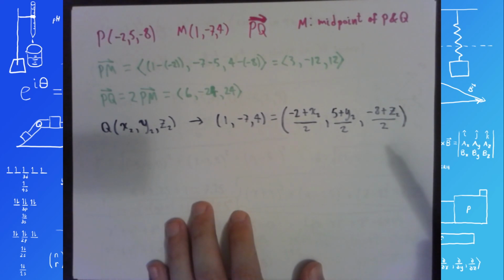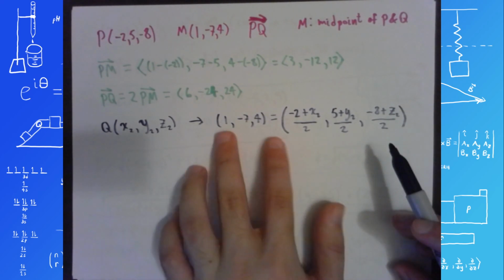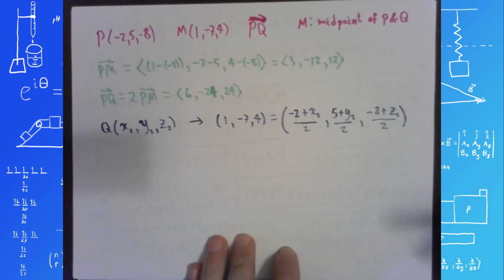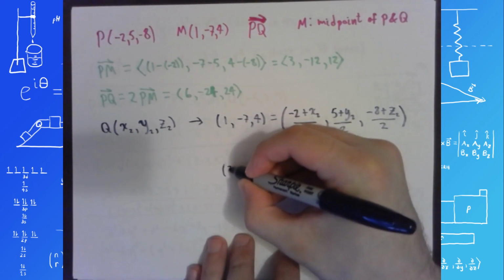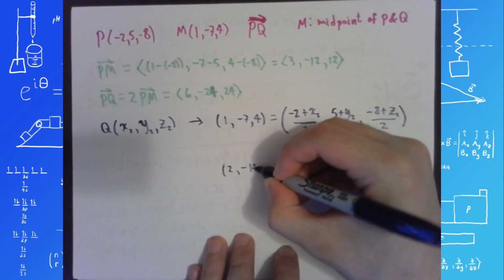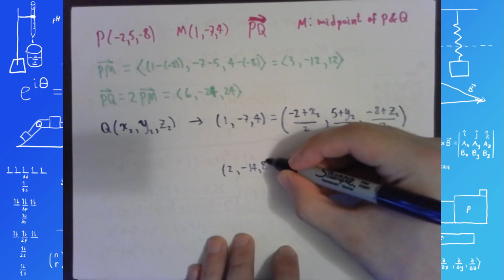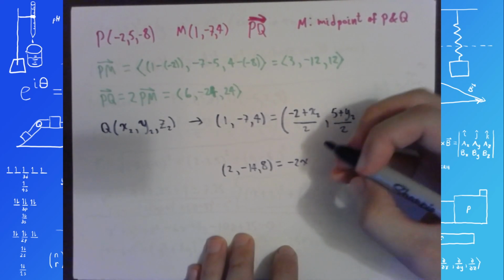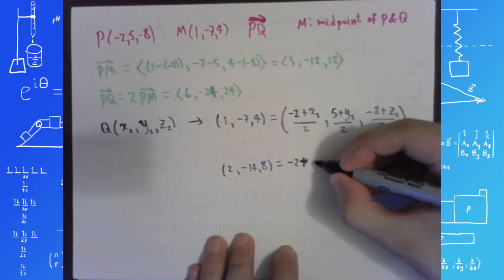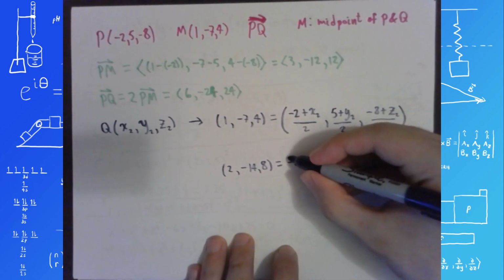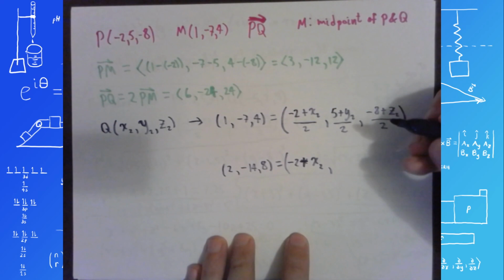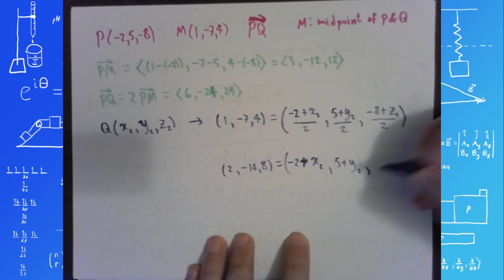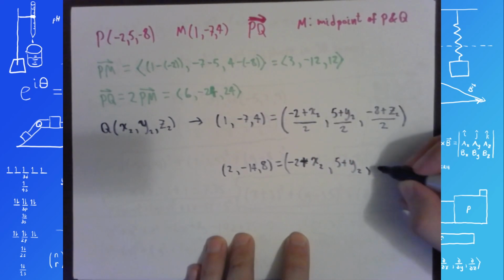Negative 2 plus x2 over 2 is equal to 1. So really, I could just multiply the 2 over here and end up with 2, negative 14, and 8 equal to negative 2 plus x2, 5 plus y2, and negative 8 plus z2. Yeah, the first path I took was definitely the easier path.